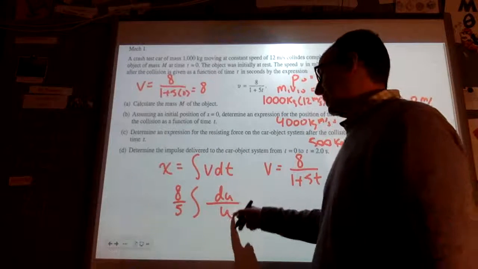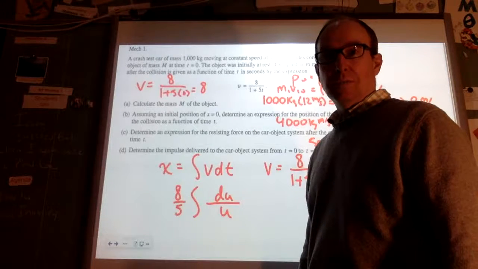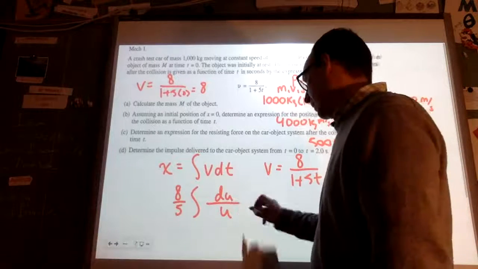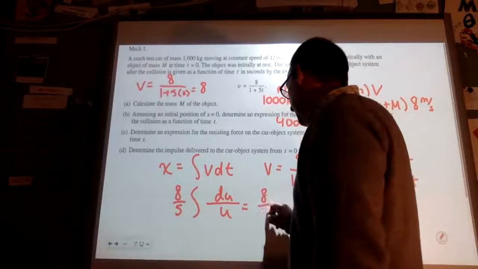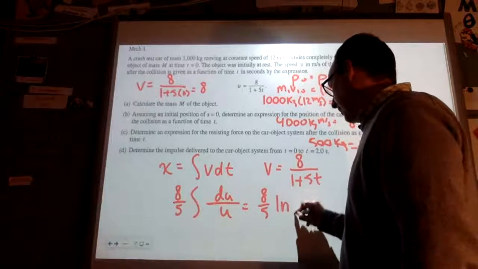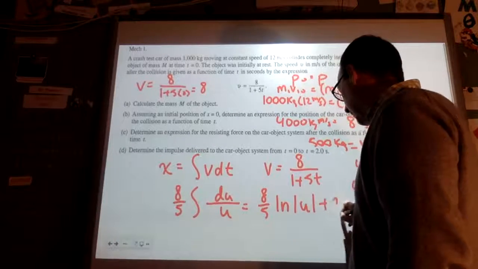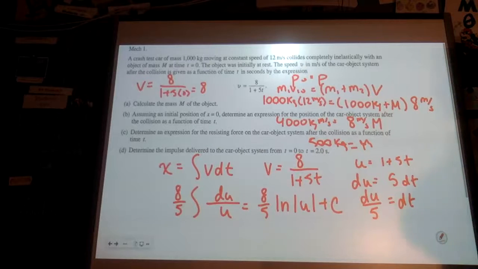All right, so this is another thing I'm not sure if you've seen or not, but again, you will before the test. We have that this is the integral of du over u, which is going to be the natural log of u plus a constant c.